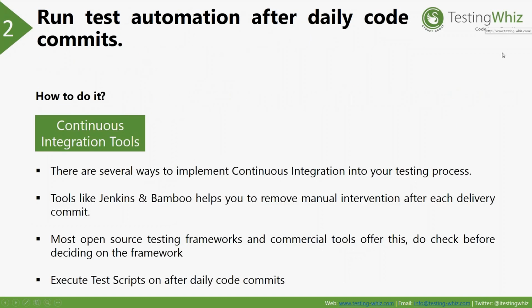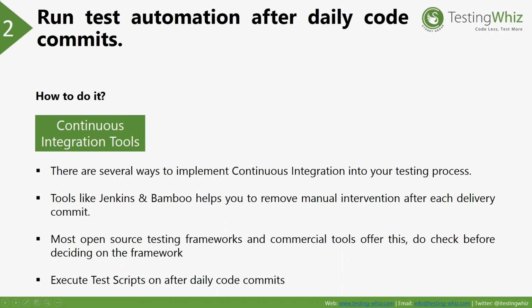The other way to do this is to run test automation after daily code commits. There are multiple ways you can do this. I'm sure that if your development process is fairly mature, you would be integrating continuous integration to develop your applications in an agile cycle, and then integrate everything using CI tools.